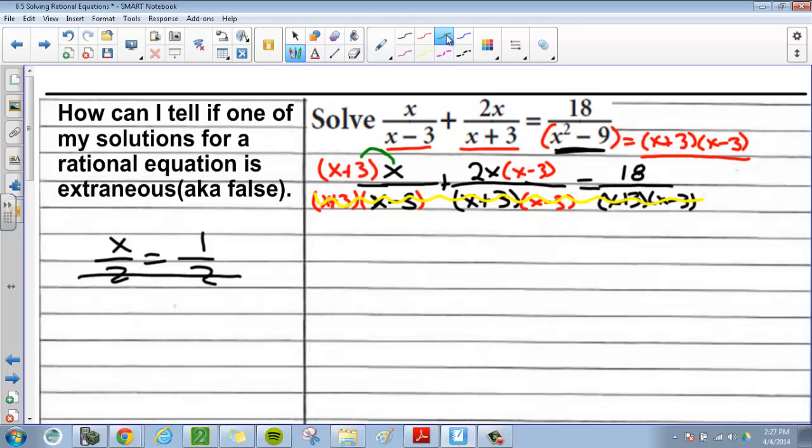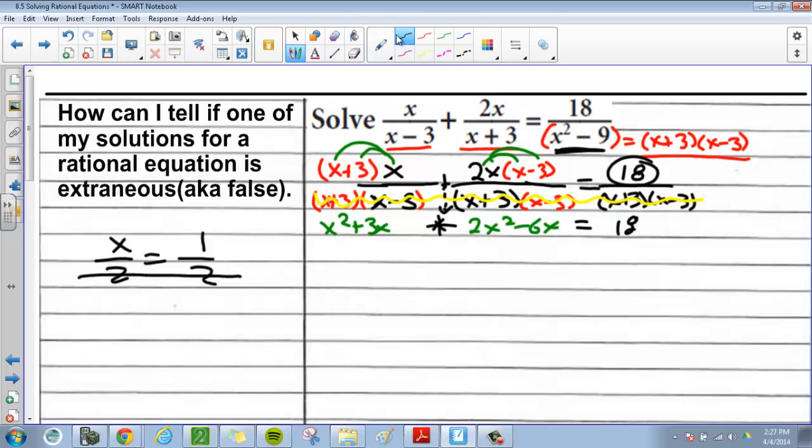Let's distribute that there and there, so we get x squared plus 3x, and then we still have this plus sign right here, and then we'll distribute this 2x to here and here, so I get 2x squared minus 6x for that, and then this is equal to 18 that we had right there.